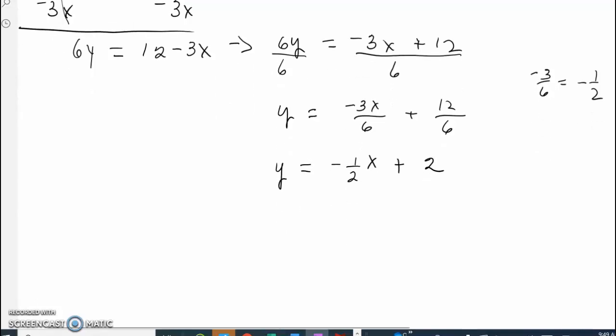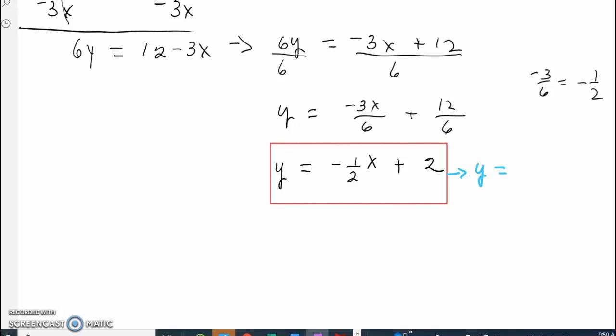Okay, now there's an alternative way to write this equation. This is absolutely correct, but it can also be written as such. It can be written as y equals negative x over 2 plus 2. Both are correct.